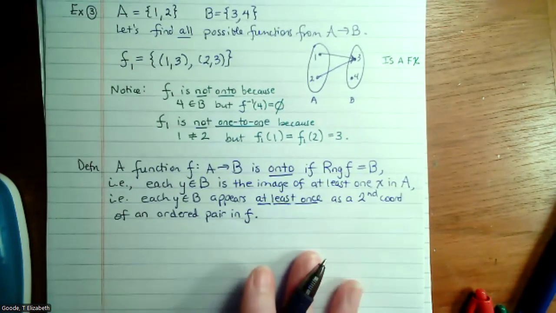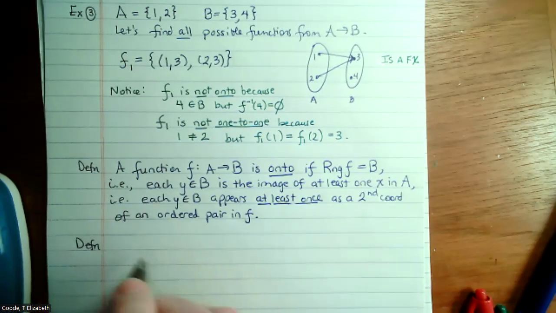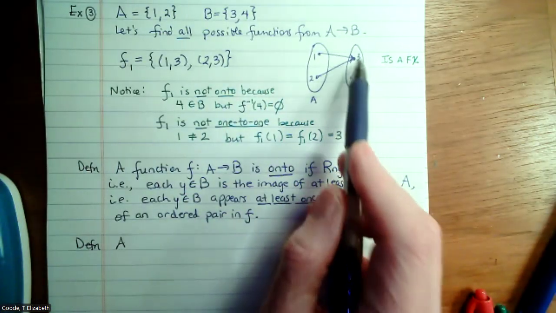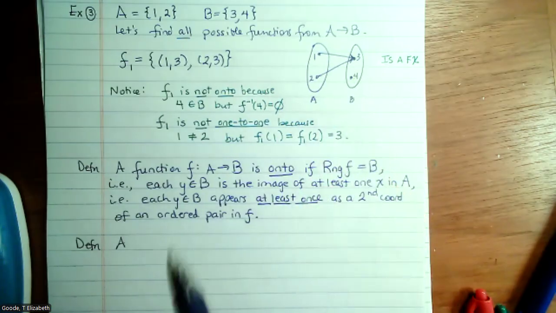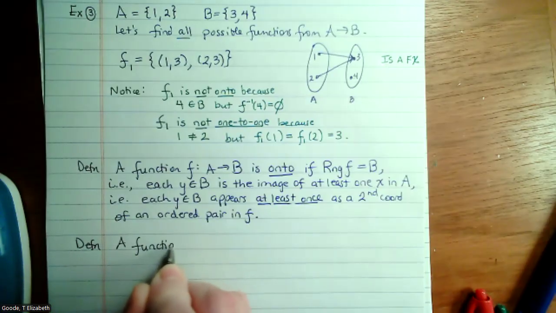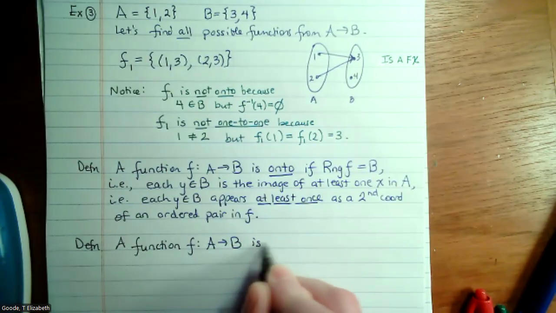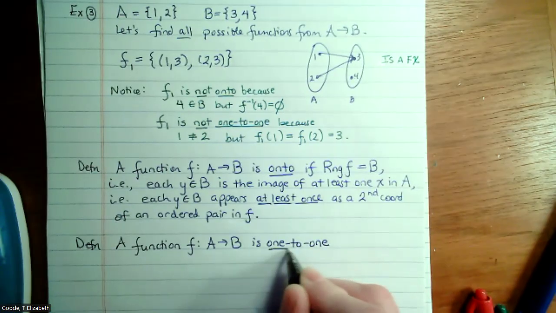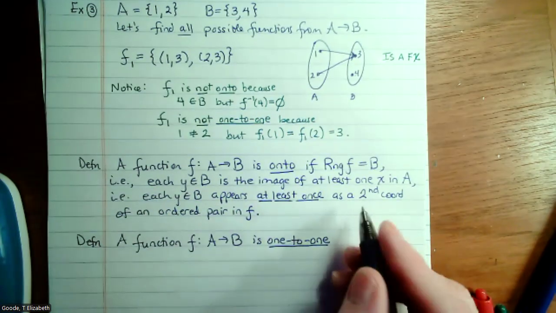And then the definition of 1-to-1 says that each y in B appears at most once as a second coordinate of an ordered pair. A function f from A to B is one-to-one. It's an if-then definition. We can look at both the if-then definition and the interpretation in terms of ordered pairs.